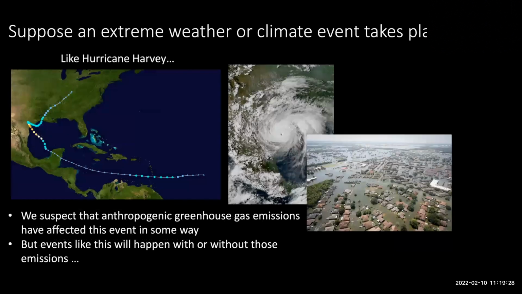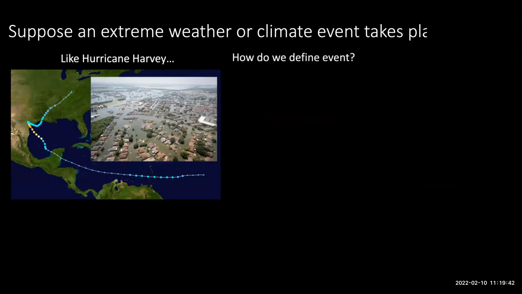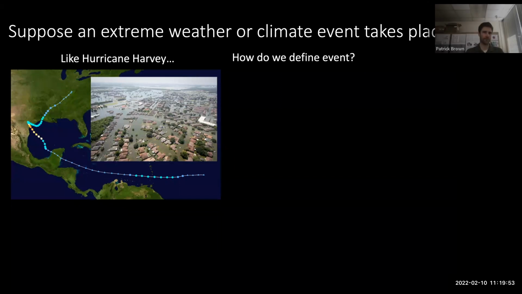So going back to our question of Hurricane Harvey, the idea is some event takes place, but how do we define the event? I just said it's Hurricane Harvey, but we need to estimate the risk of Hurricane Harvey in pre-industrial climates and in the current climate. What would be our definition of Hurricane Harvey in order to do this?